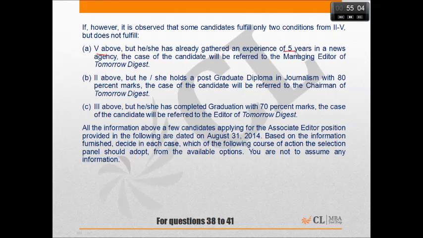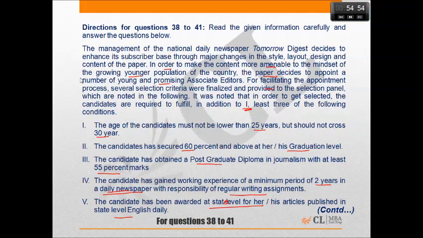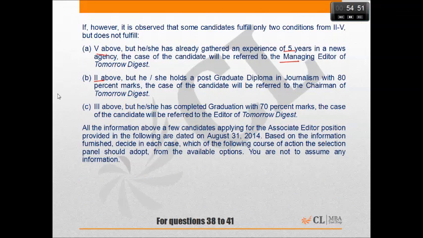But if he has more than 5, he has to be referred to the managing editor. If a candidate fulfills only two conditions from 2 to 5 but does not fulfill 2, that is, graduation less than 60%, and 5, the state level award, he has to be referred to the chairman. Condition 3 was 55% minimum in the PG diploma.